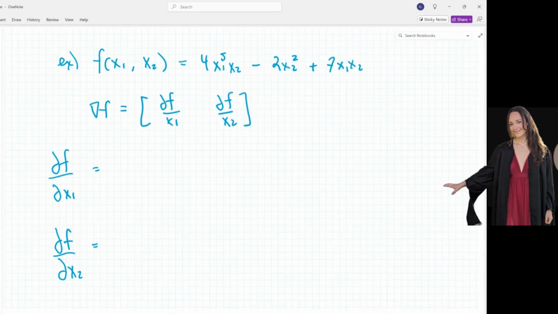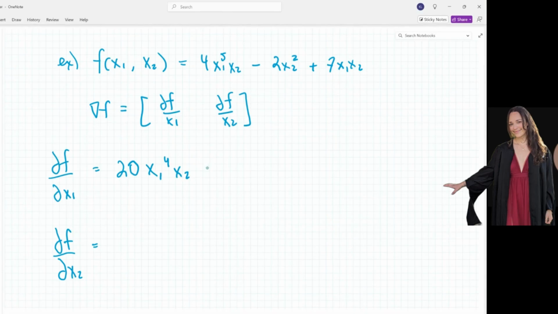So we're going to use the same strategy that we used in our previous problem. If we're looking for the derivative with respect to x1, we're treating x2 as a constant. So here we're going to end up with 20 x1 to the power of 4 x2. And then there's no x1s in our second term, so it is 0.